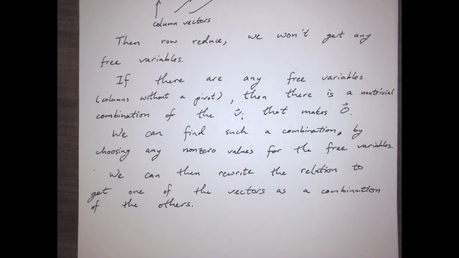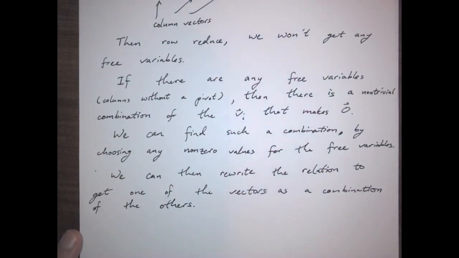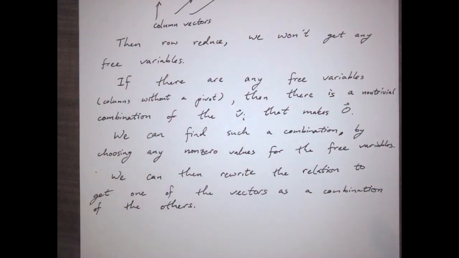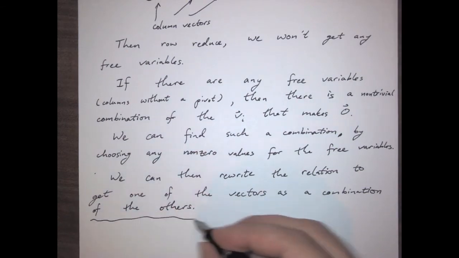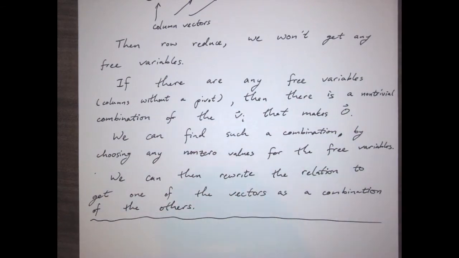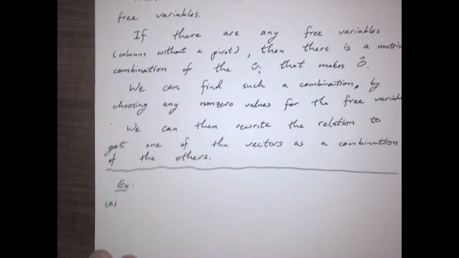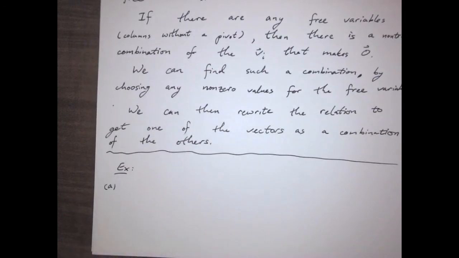Okay, so that's a lot of writing words, which is not the custom in a lot of math classes that you've had before this. But now let's see what this means if we actually try to do this as an example. We're going to do a couple examples: one where they turn out to be linearly independent, and one where they turn out to be linearly dependent.